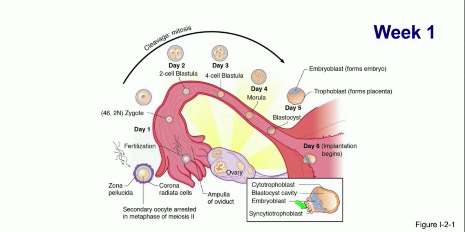The corpus luteum is what's producing progestins, and the progestins are necessary to maintain the endometrium in order to maintain the pregnancy. So the chorionic gonadotropin is basically telling the mother that she is pregnant and that she needs to continue to produce progestins from the corpus luteum in order to maintain the endometrium. So it is basically the signal for pregnancy. It is the marker for pregnancy.